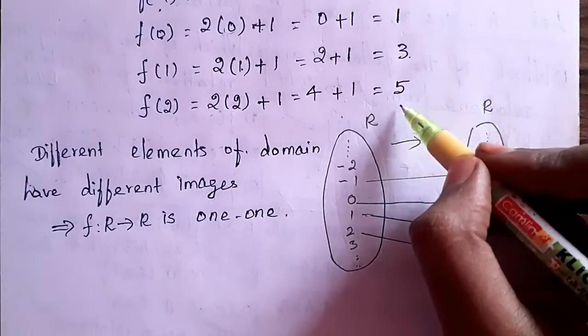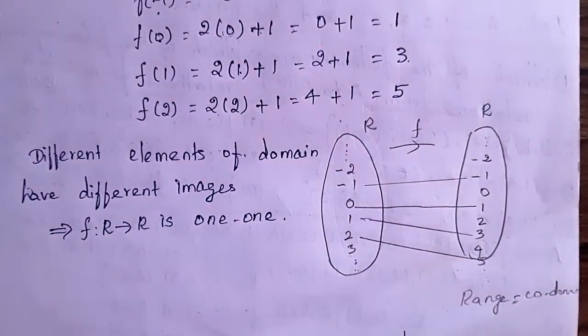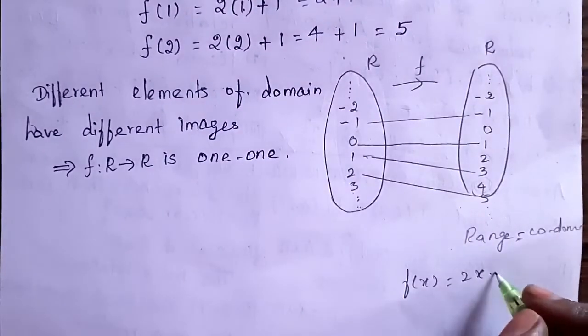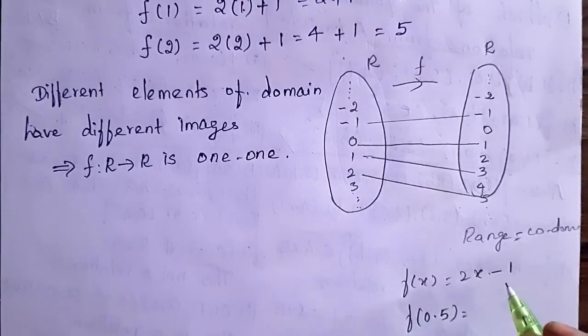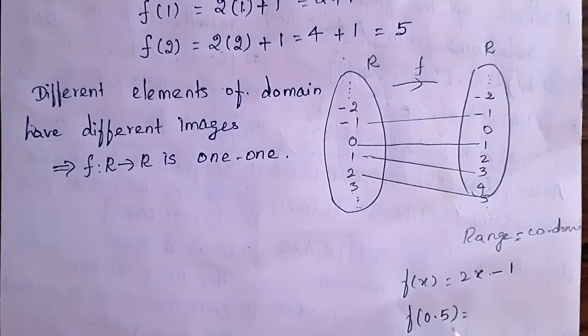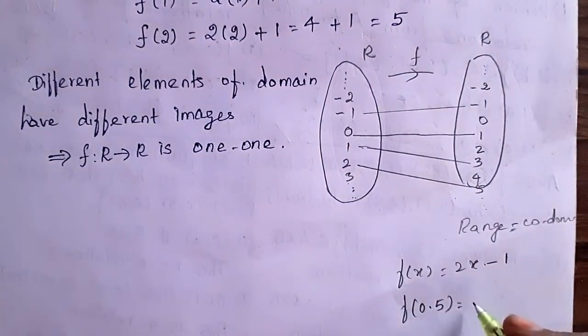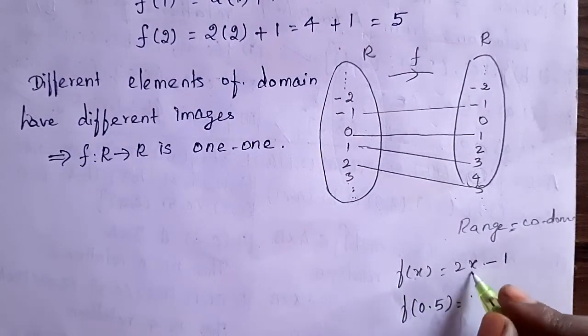All numbers means including decimal values. Our given f of x equal to 2x minus 1. If you put f of 0.5, R contains decimal values, so definitely we can put 0.5. In this place of x, if you put 0.5, what will you get?